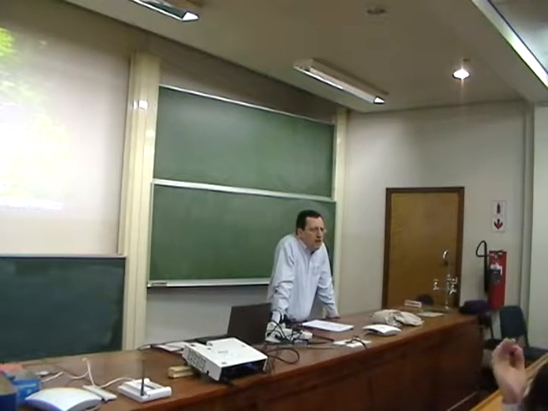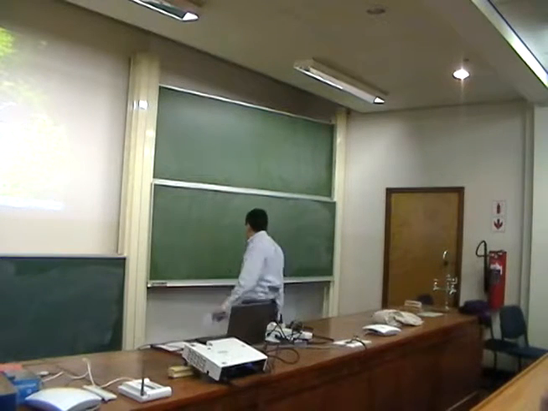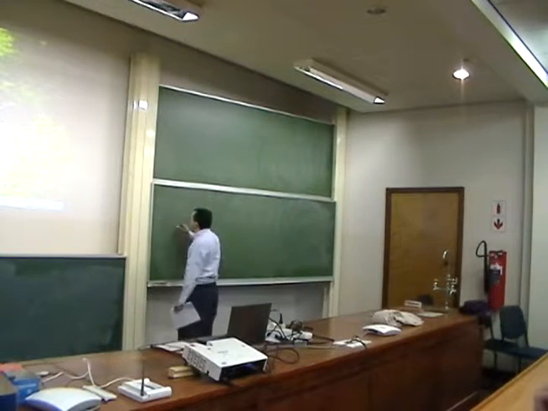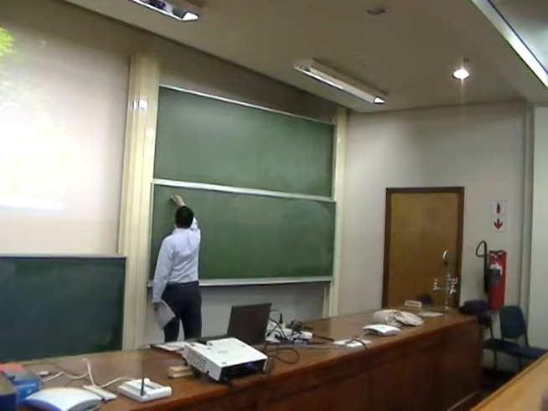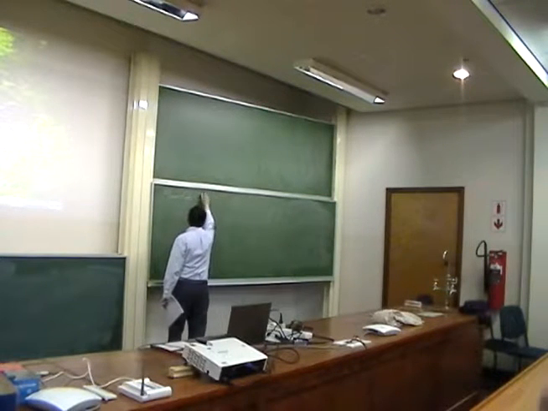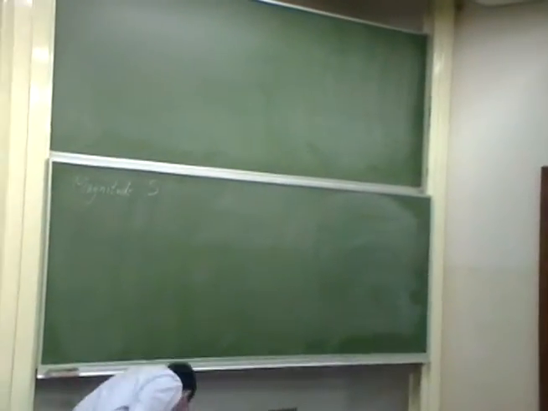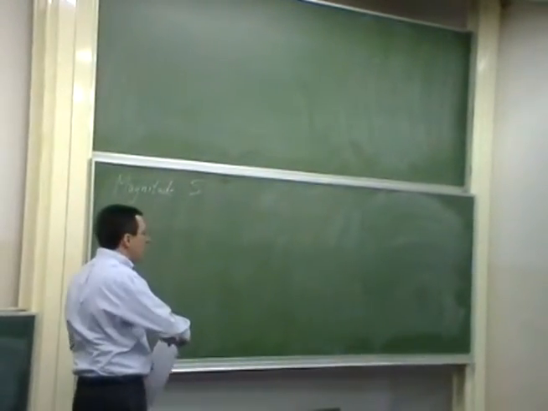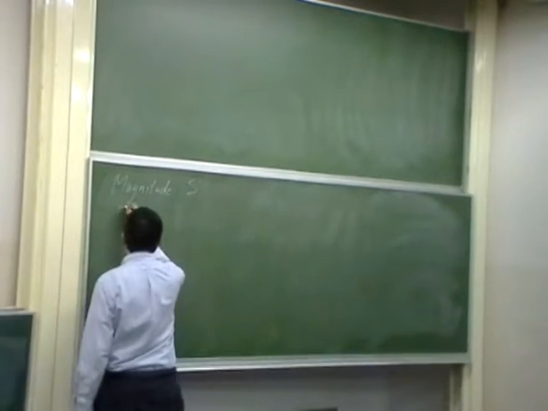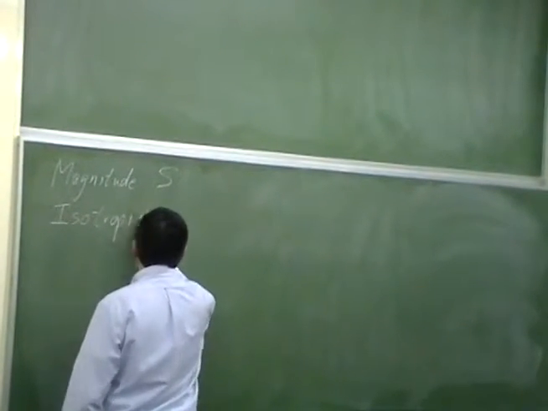And in particular, I want to present to you a theory for that, known as Maier-Saupe theory, which involves predicting both the magnitude, which I defined as S in the lecture yesterday, and also to calculate the isotropic to nematic transition.